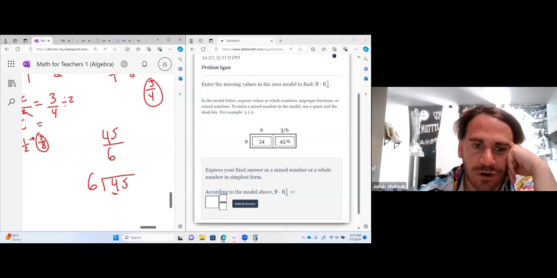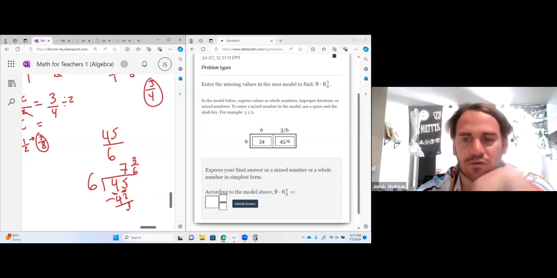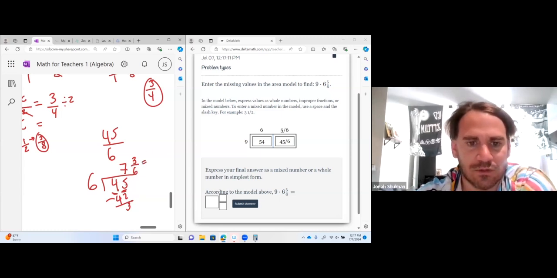So you can't go into 4, but 6 can go into 45 7 times. 6 times 7 is 42 with 3 left over. So that's 7 and 3/6.